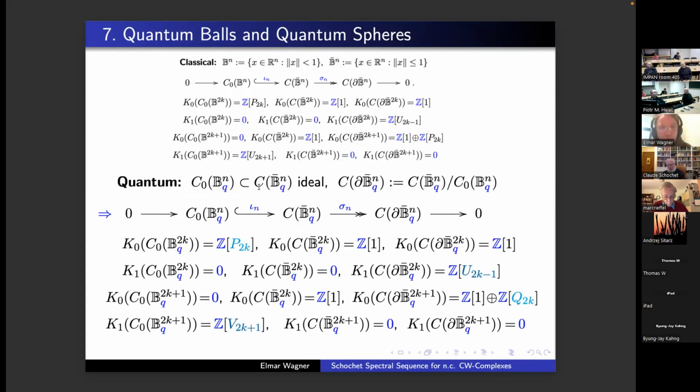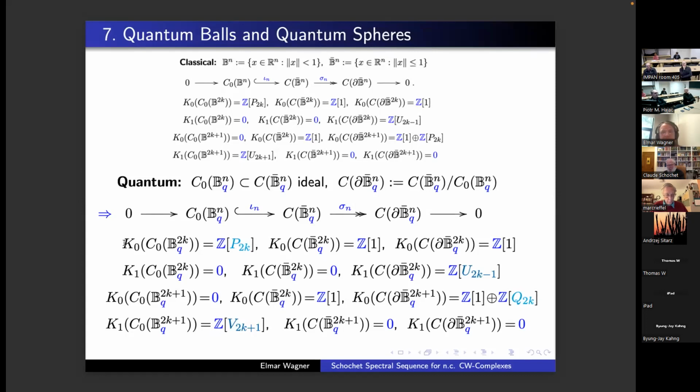Some closed ideal, which we consider as functions on the open ball, the zero functions, and the quotient we interpret as the restriction to the boundary. That's it. So we need actually one algebra and one closed ideal.